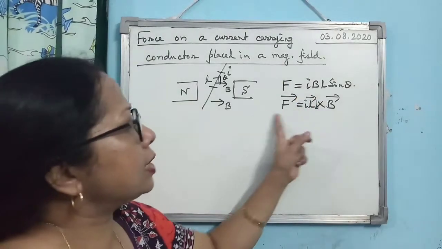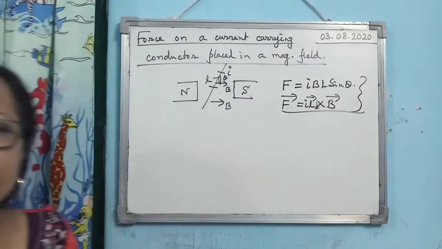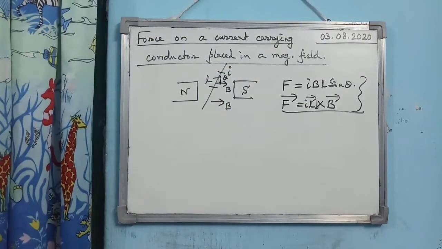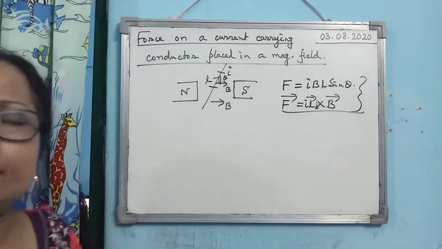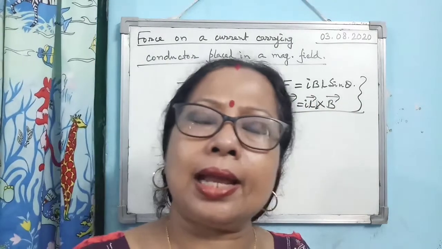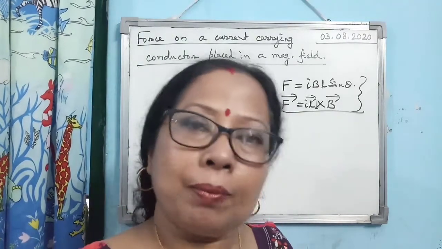This much we studied already in 10th standard, that it will experience a force, and the magnitude of the force is given by I B L sine theta, where theta is the angle between current element IL and the magnetic field B.